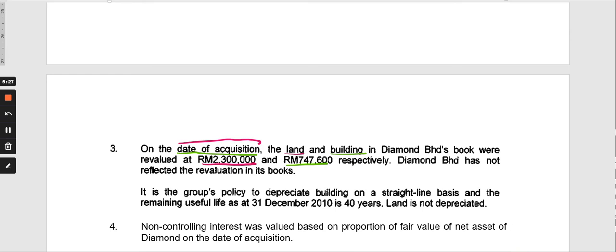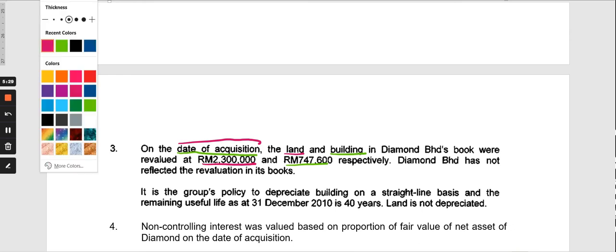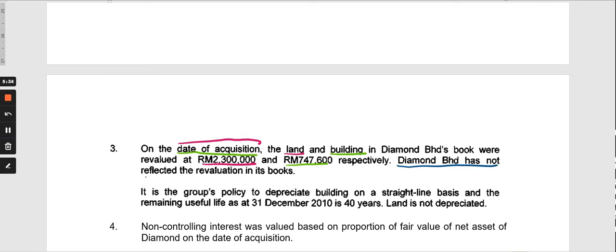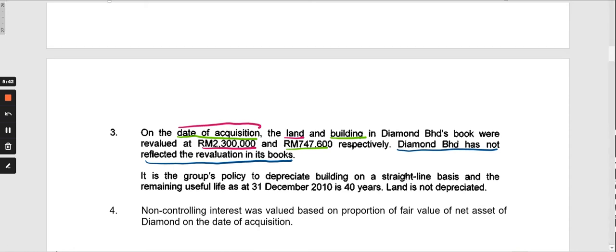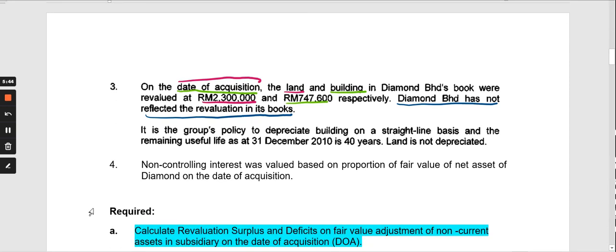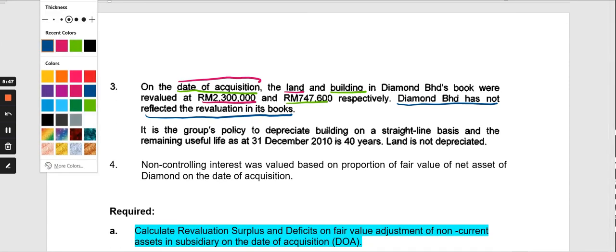However, the subsidiary company, Diamond, has not yet reflected this. So in the consolidation, the fair value must be reflected in the consolidated financial statements. You also have information on the depreciation of building.